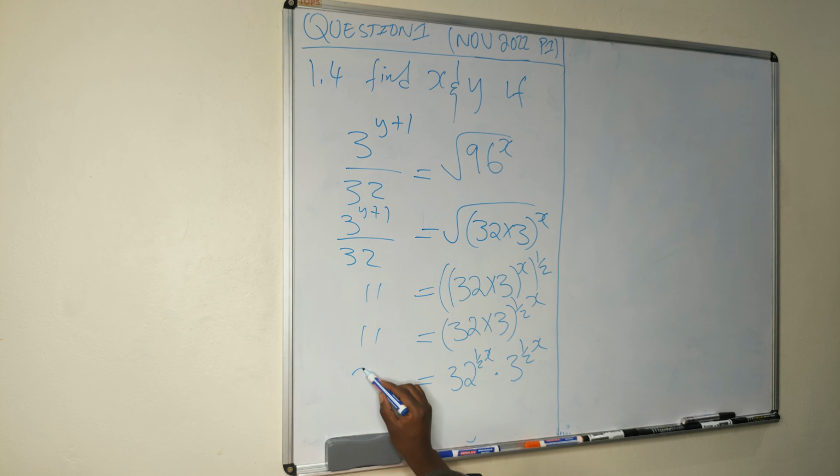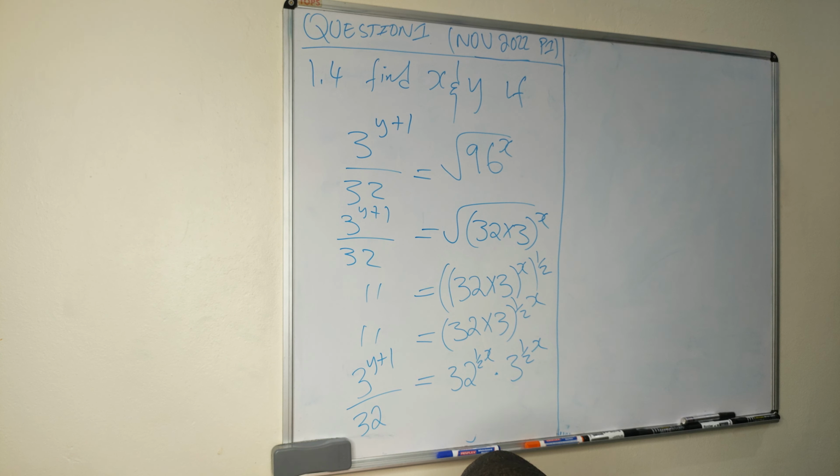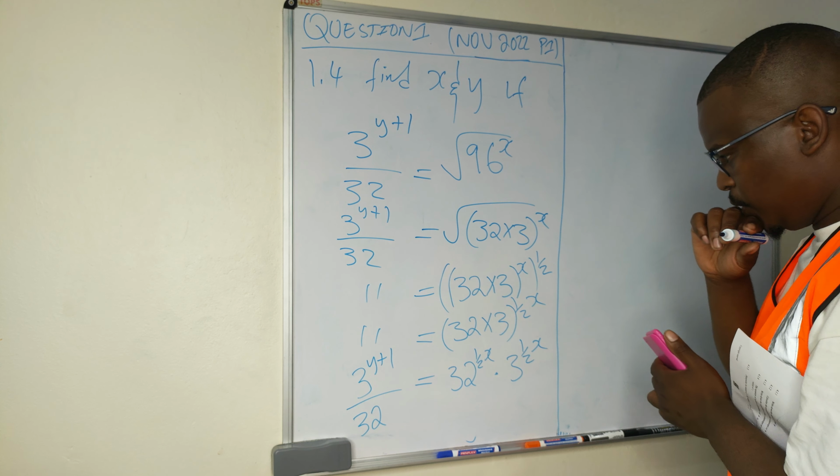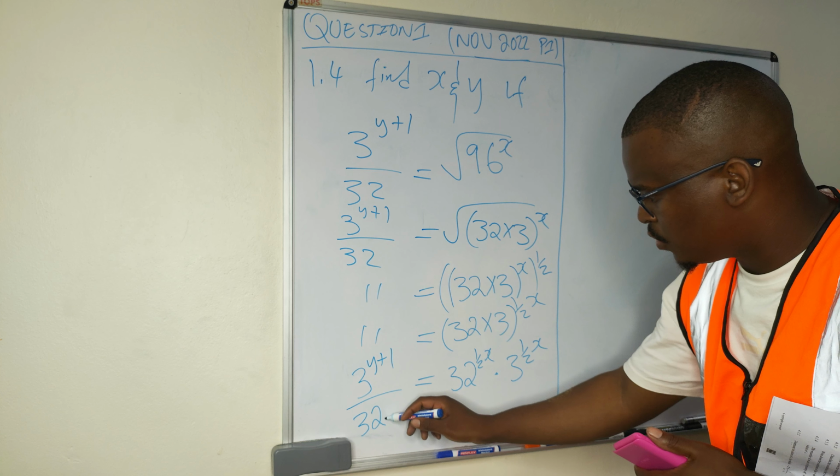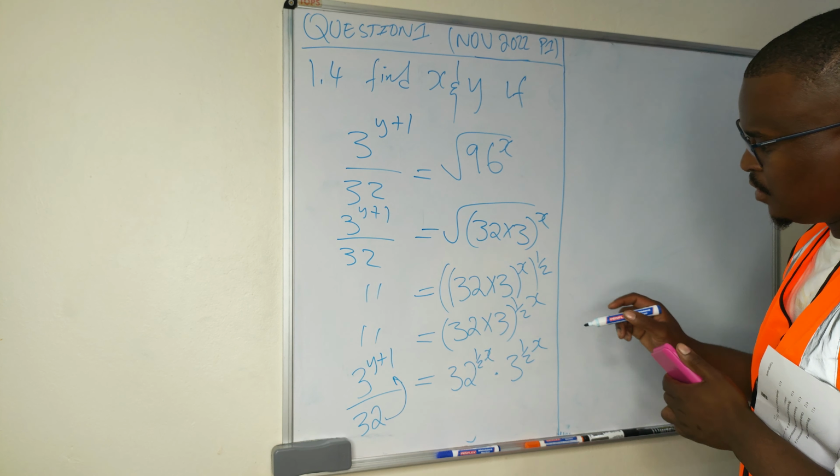3 raised y plus 1 all divided by 32. This is what we have, right? So what can we do? We can take this 32 and put it up here to the top.